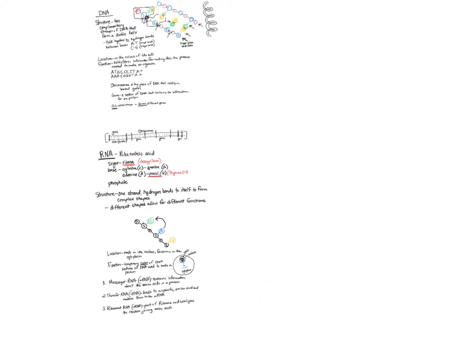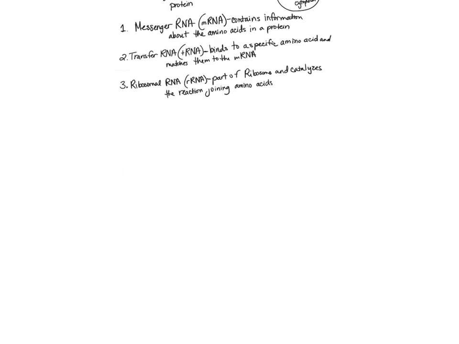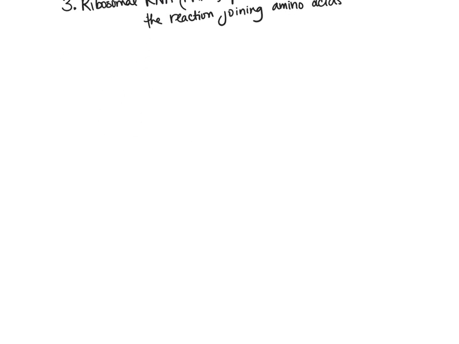So we've talked about DNA, we've talked about RNA, and now what we're going to talk about is the last kind of nucleic acid, which is ATP. So ATP stands for adenosine triphosphate. So the structure of adenosine triphosphate is that we have an adenine base.